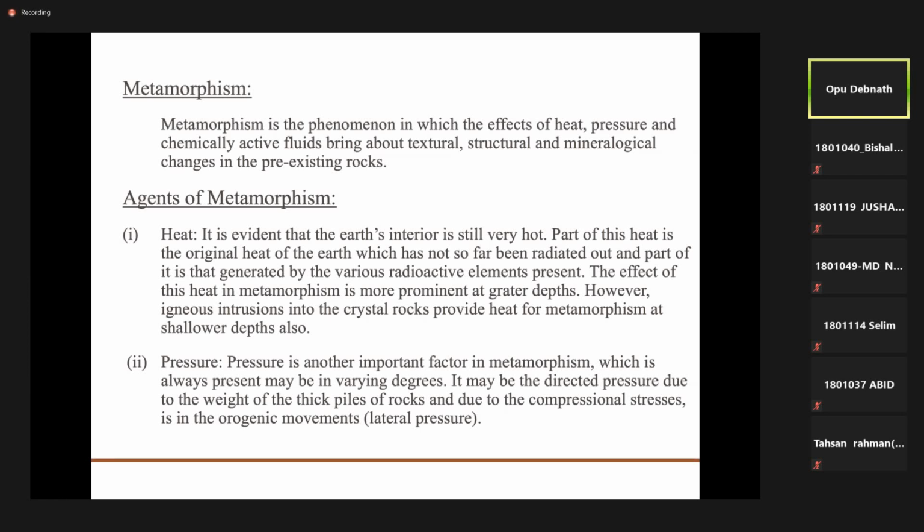When an earthquake occurs, the tectonic plates move relative to one another. Due to this movement, the depositions, sedimentary rocks, or maybe igneous rocks feel some pressure from the side. So this is another agent.